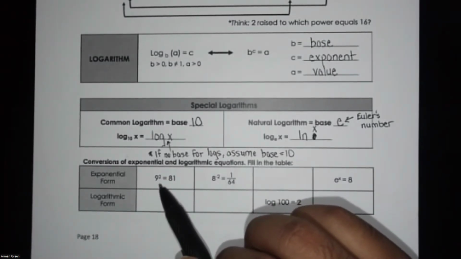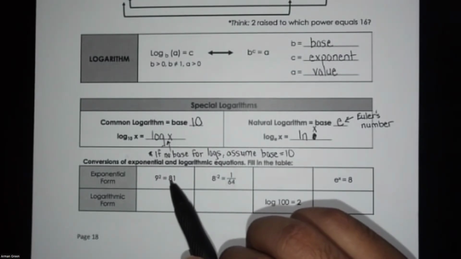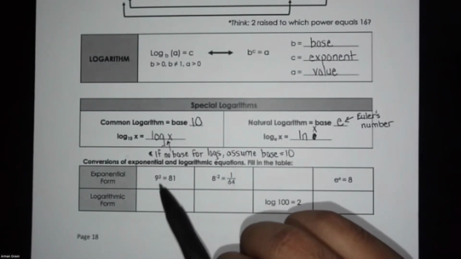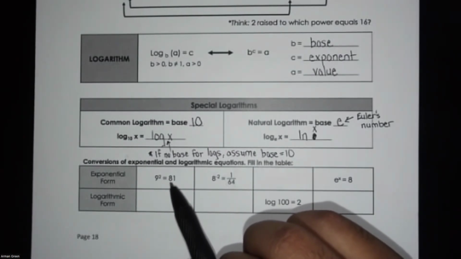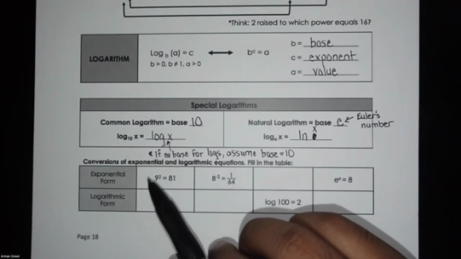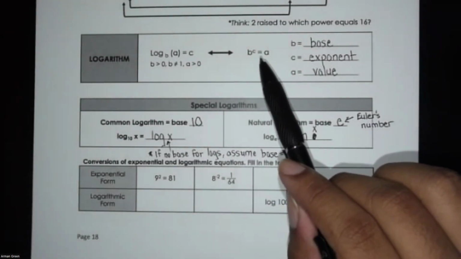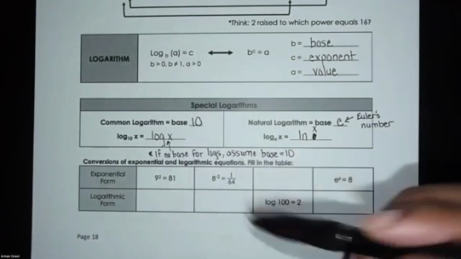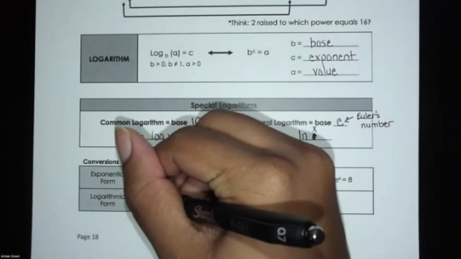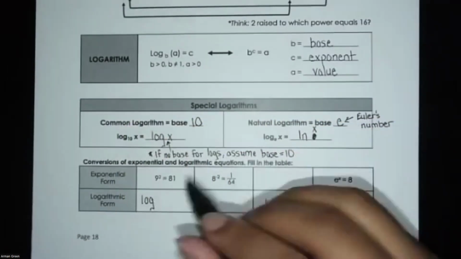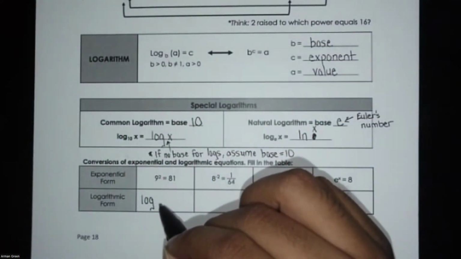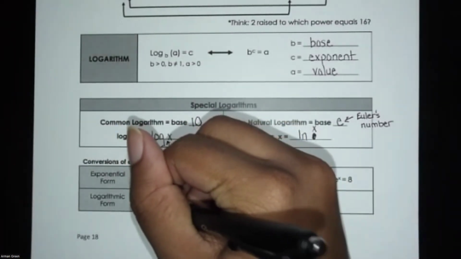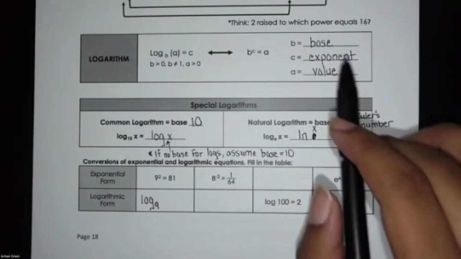All right. So we have an equation here. We say 9 squared is equal to 81. That's an exponential form. We want to say the same exact thing, but rewrite it in terms of a logarithm. We're going to use the tactic up here as our guideline. So we start by writing log. Now we need to identify our base. Our base in this case is 9, so we have a log with a base of 9.